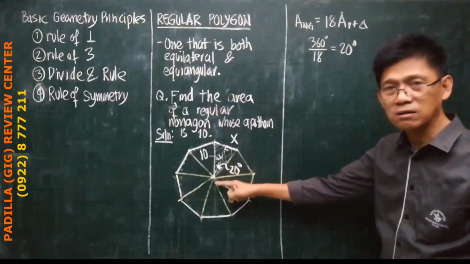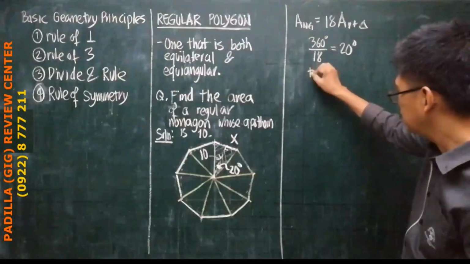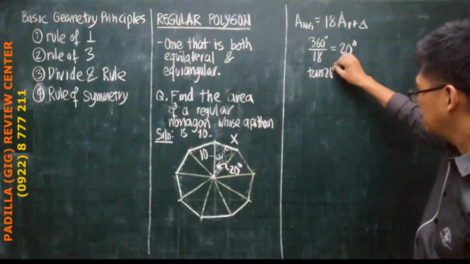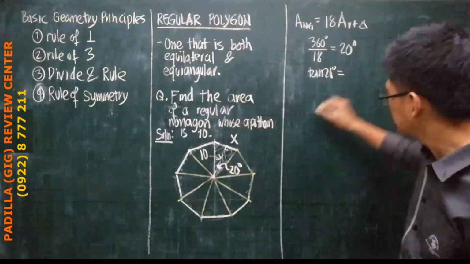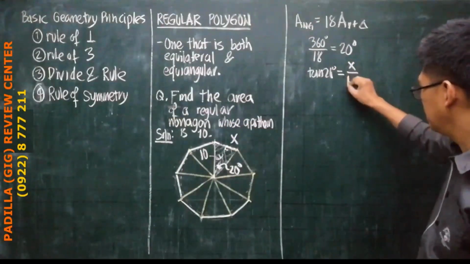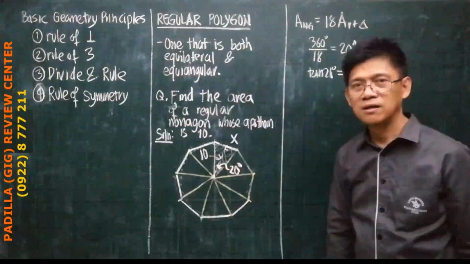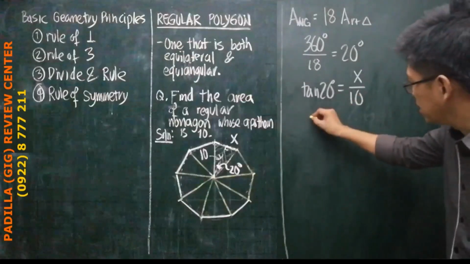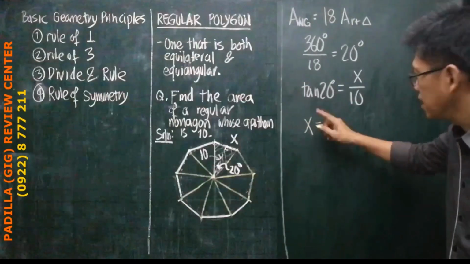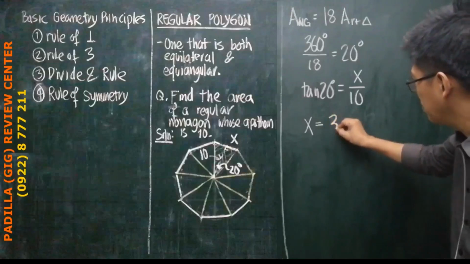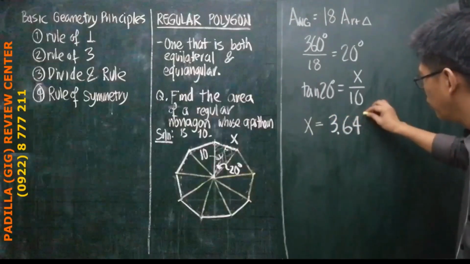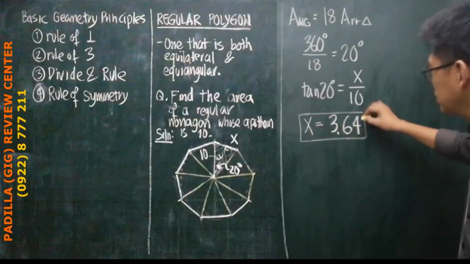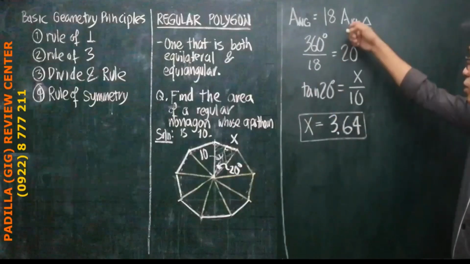Take note of this triangle. If I will take here the tangent of 20, this is equal to the opposite x over 10, the adjacent. And this will give me the value of x, and x is 3.64.